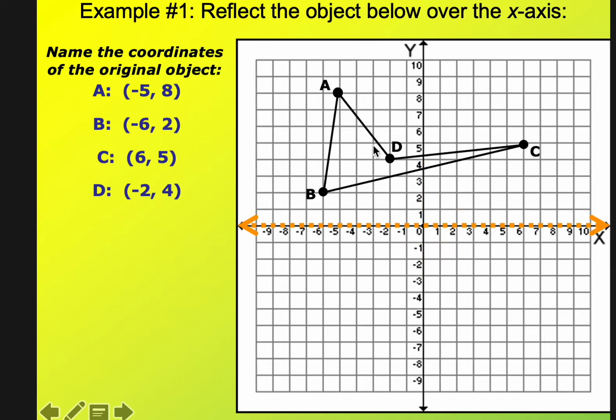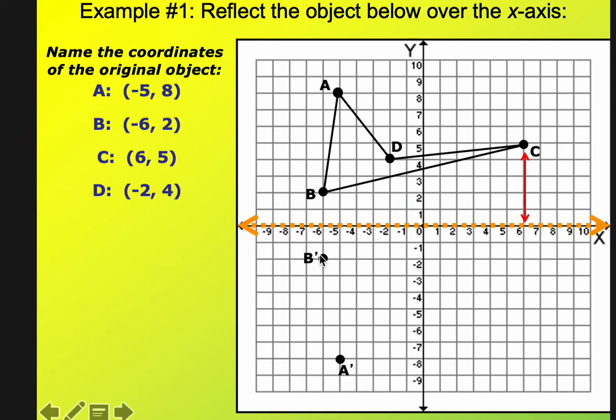Now to reflect it over the x-axis, we're going to take A, and we're going to move it down 8 spots to the x-axis, our line of reflection. Then we're going to move it down 8 more. Put a point there. That's A prime. For B, we're going to move it down 2 more, B prime.